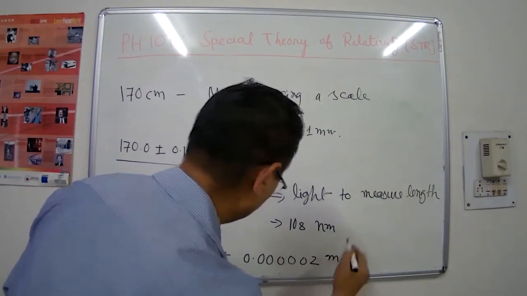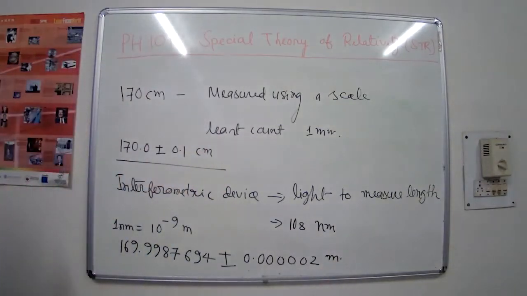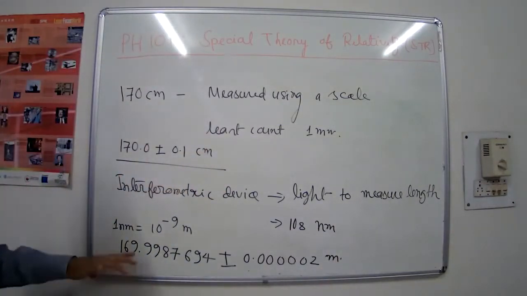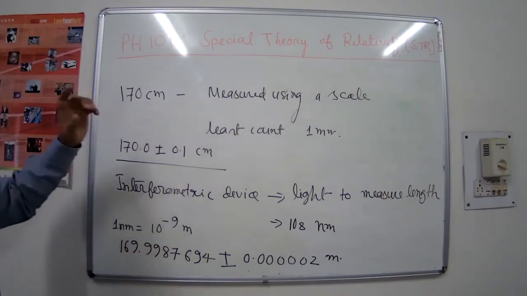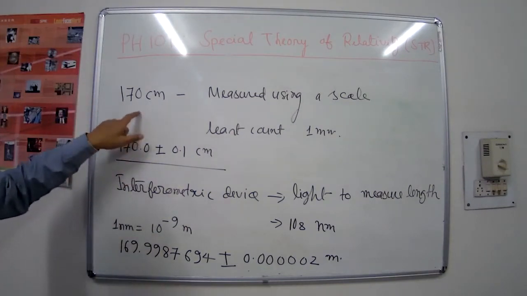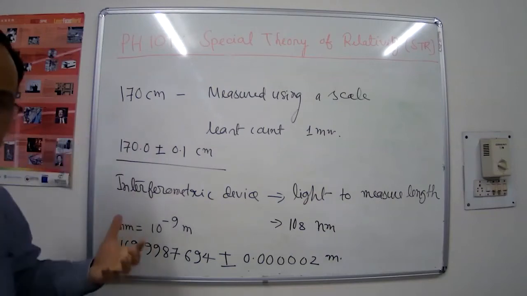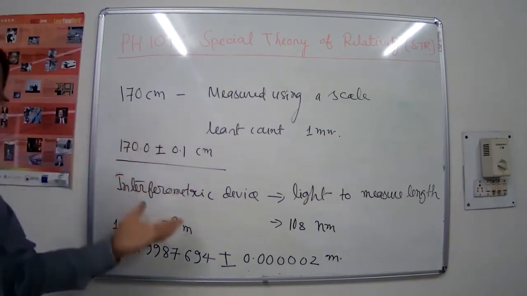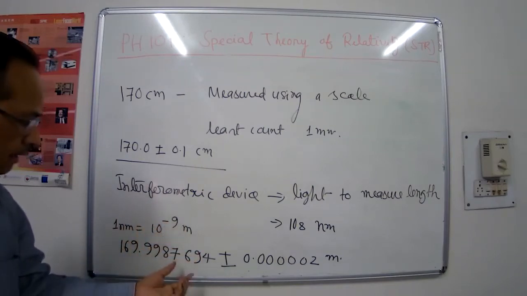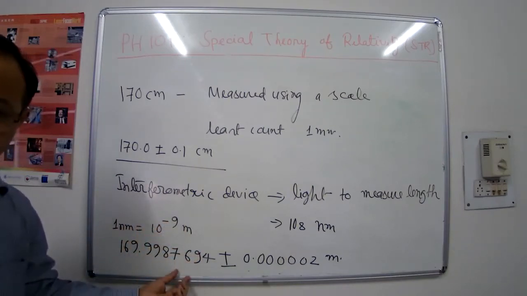So you have got a very high accuracy. But it all depends on what kind of application you are looking for. So if you are looking for the height because there is a certain application, and for that application even millimeter accuracy is not needed, then this much accuracy is redundant.